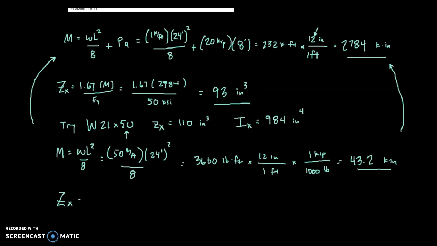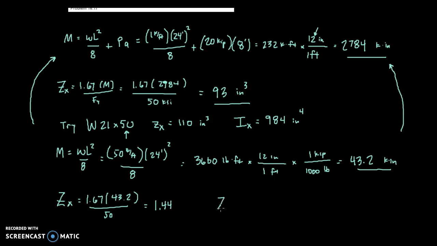So I'll do it that way. I'll take my Z sub x is equal to 1.67 times the moment of 43.2 divided by 50, and that only equals 1.44 additional inches to the third of section modulus required.